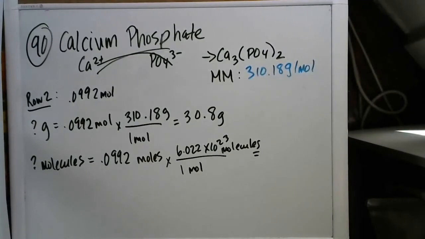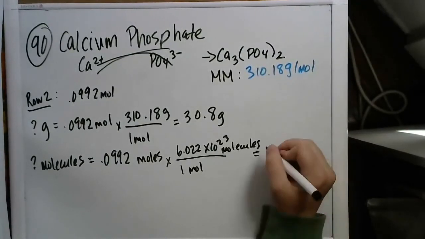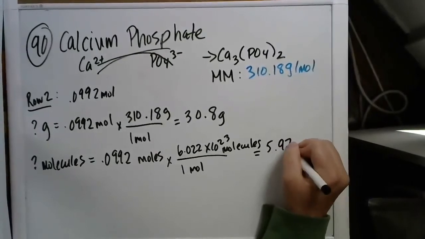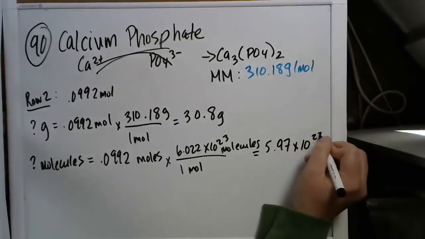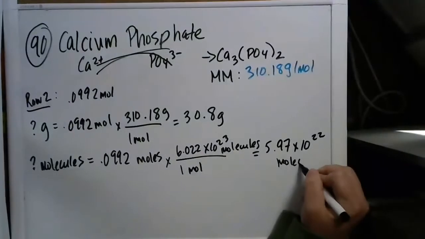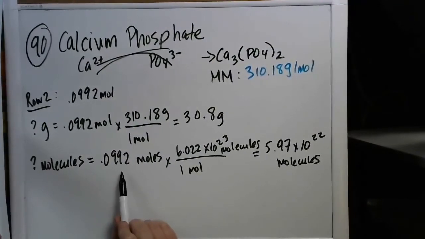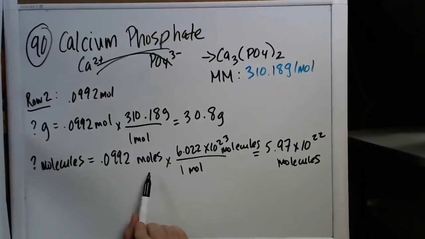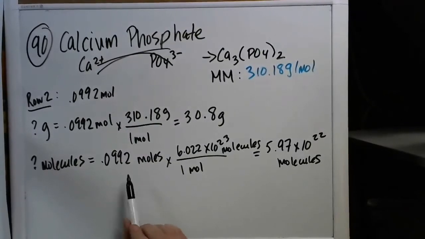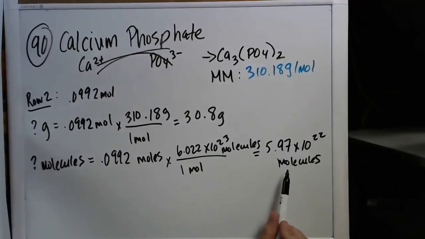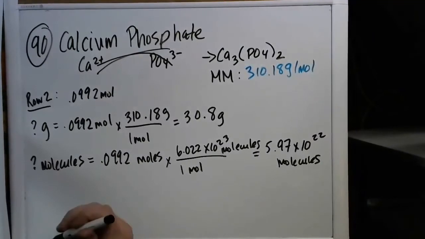Okay, so that means that there are 5.97 times 10 to the 22 molecules of calcium phosphate. Now I want to know in particular, well, how many oxygen atoms are in 0.0992 moles of calcium phosphate. I've already figured out that there are 5.97 times 10 to the 22 molecules in there.